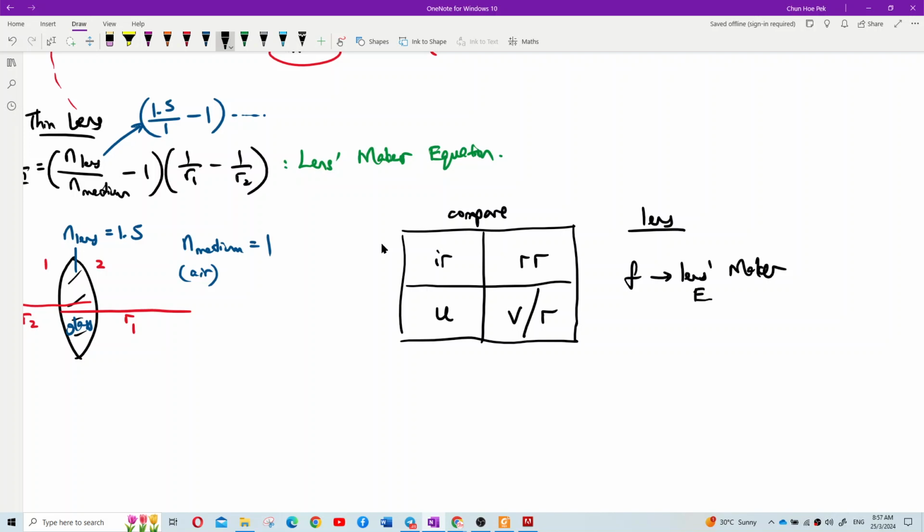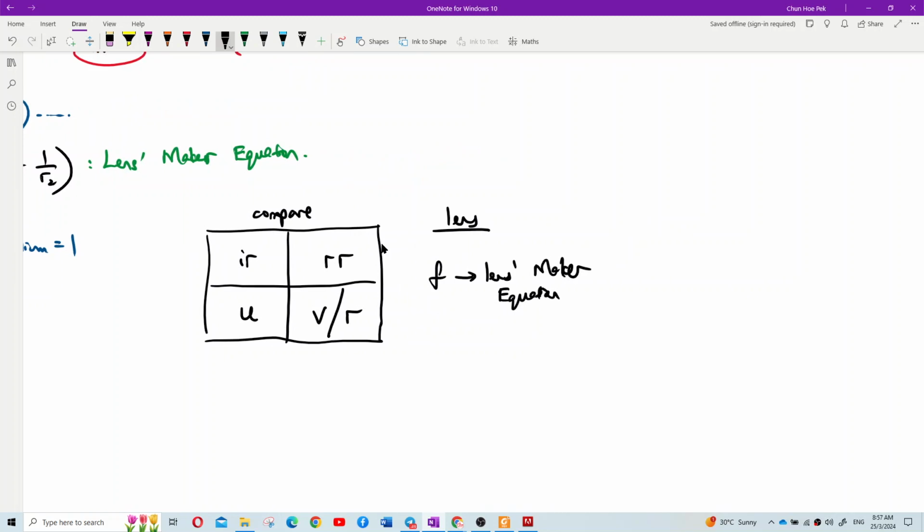If positive, it means a converging lens or convex lens. Negative means a diverging lens.